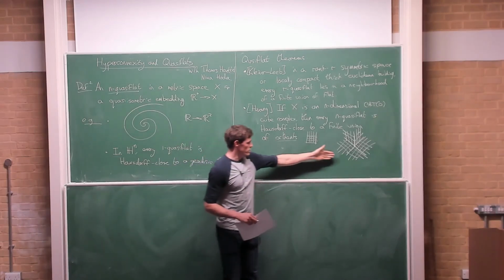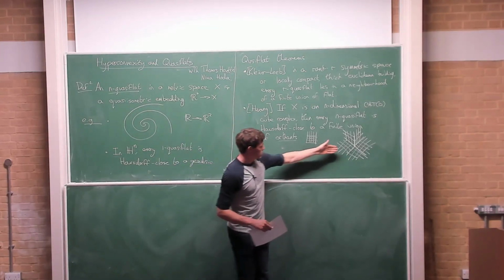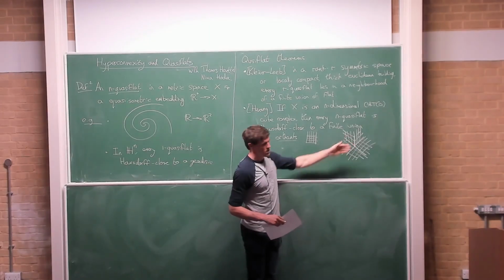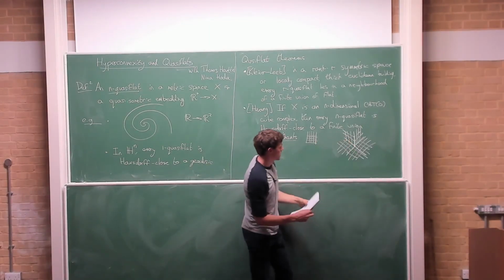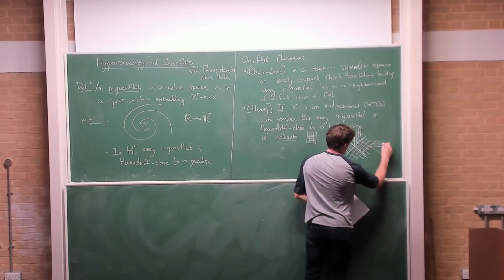And if you take quasi-flats in a two-dimensional cube complex, it will look something like this. Maybe with more things glued at this point, maybe things will start branching out more over here.